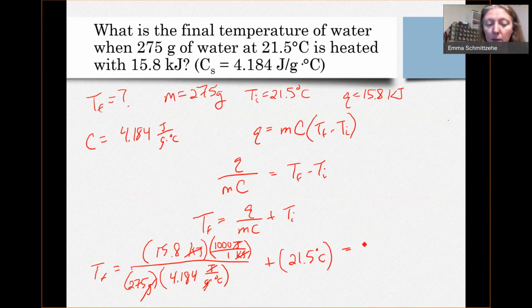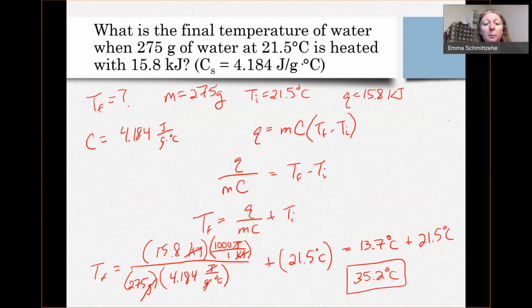So that gives me, with 3 sig figs, 13.7 degrees C, which needs to be added to 21.5 degrees C. And it should be rounded to 1 decimal, so 35.2 degrees C is the answer. That would be our final temperature when we heat that sample of water with the 15.8 kilojoules.